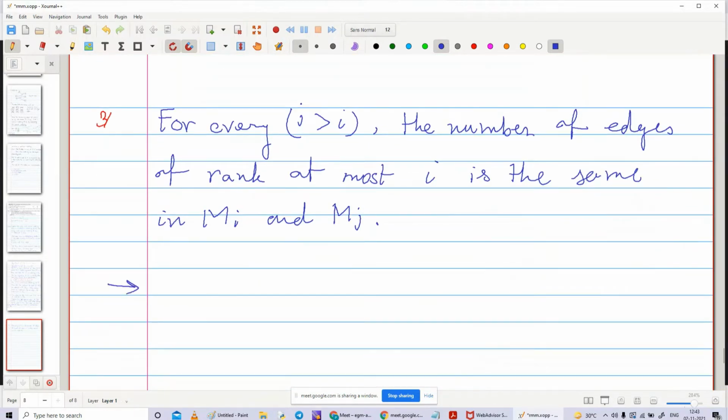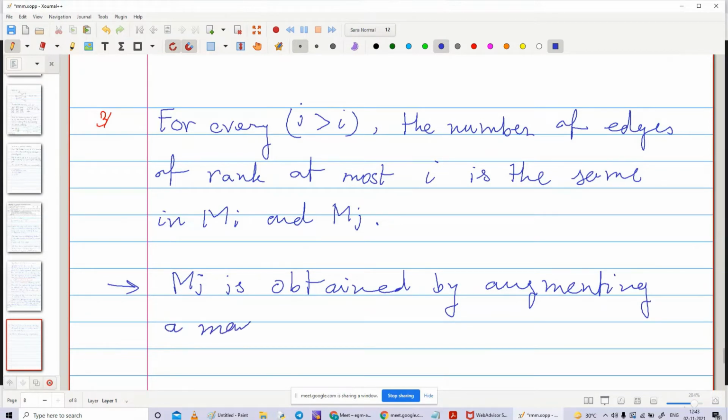Okay, so how to prove this? One thing is that Mj is obtained by augmenting a maximum matching Mi of G prime i, right?